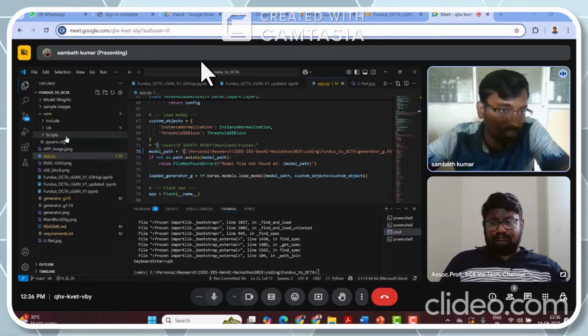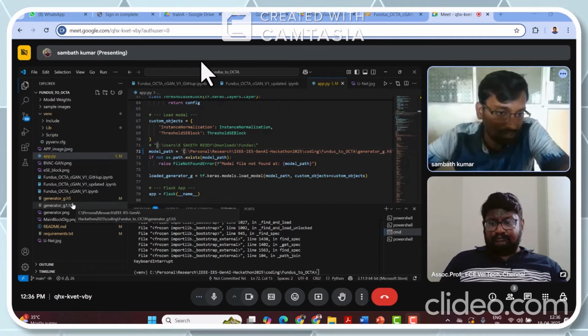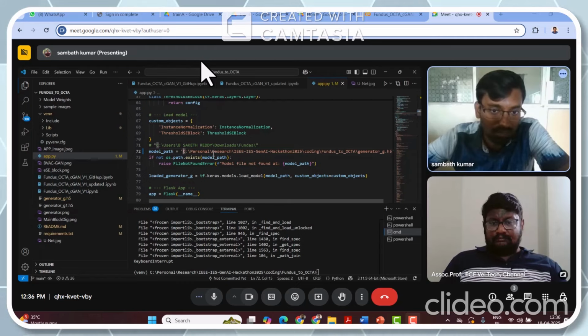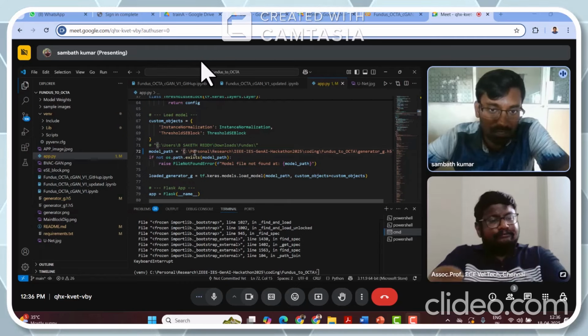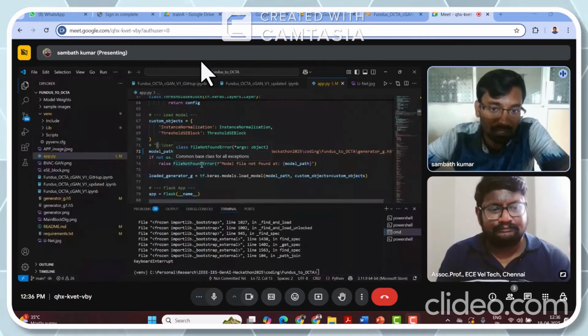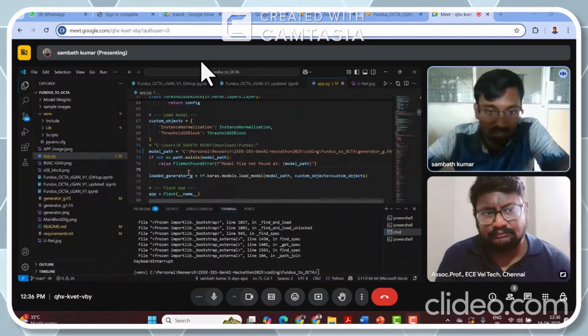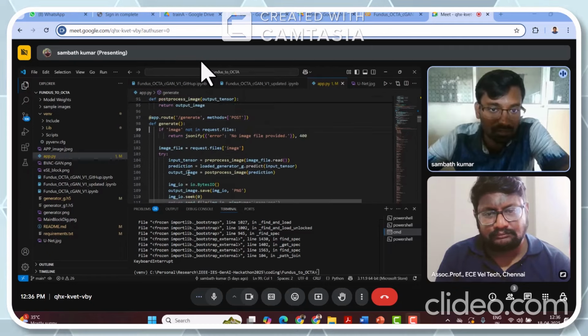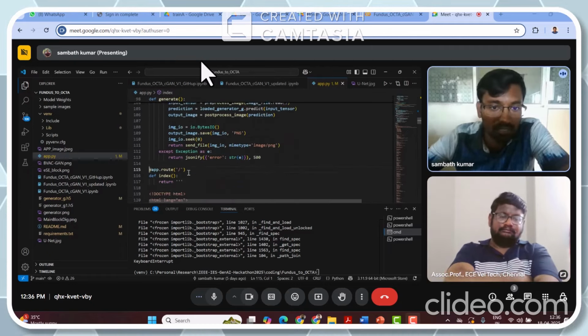Here you see, this is our saved model, and the same model we have given here, so that whenever we open the local host, we can upload an image and get the corresponding synthetic OCTA image, developed with the help of Flask. These are the necessary files.